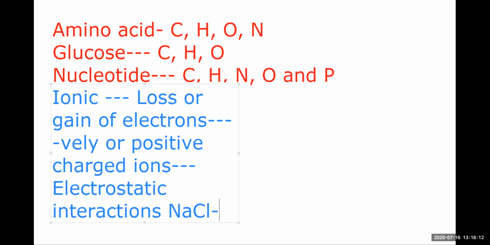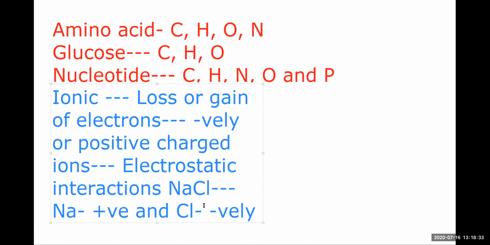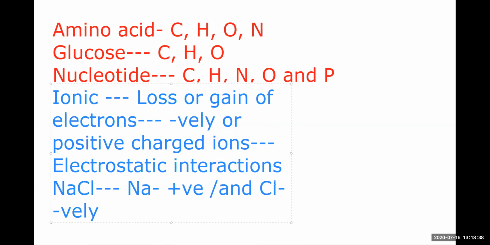Here, sodium is positive and chlorine is negatively charged. Sodium is positively charged because it loses an electron. And chlorine gains an electron, so it becomes negatively charged. So they attract each other and form a bond called an ionic bond.